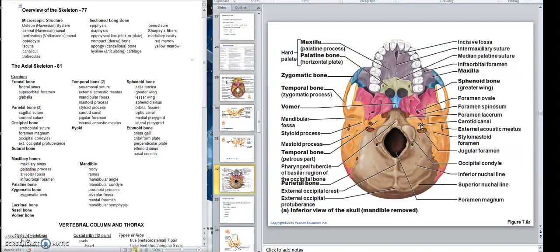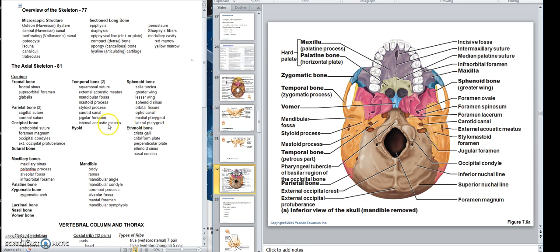That's where the carotid artery comes in, coming off the aorta. That's the carotid canal on both sides. The jugular foramen is wider, because veins are generally wider. The carotid artery supplies blood to the brain. The jugular is venous supply, bringing it back to the heart. And that's the jugular foramen right there.